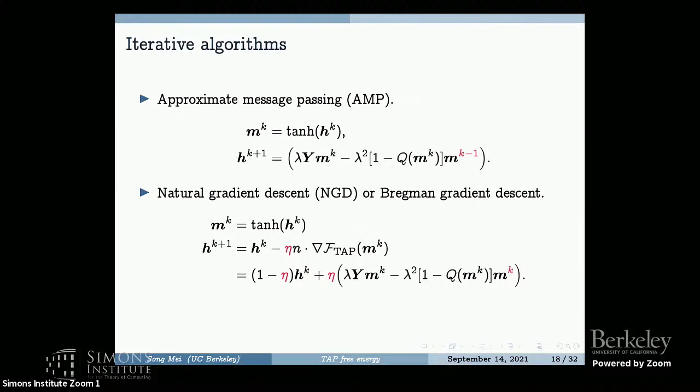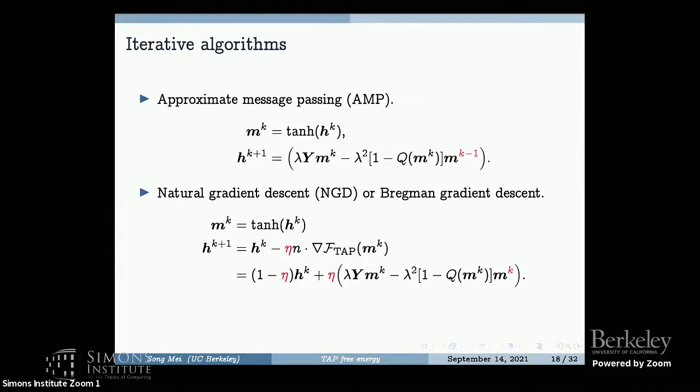So basically, this algorithm is doing gradient descent, but in a different geometry. You are calculating the gradient of type free energy, but you update it in the mirror space. You can see the difference between AMP and the natural gradient descent is very small. The difference is just that there is a step size in the natural gradient descent. If you take the step size eta equal to 1, this is even closer.